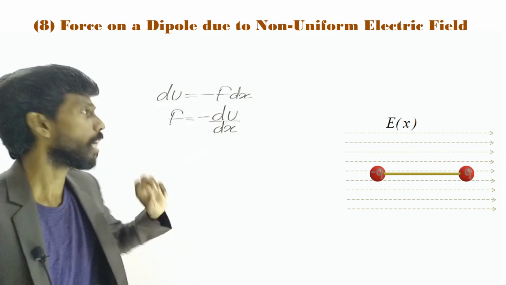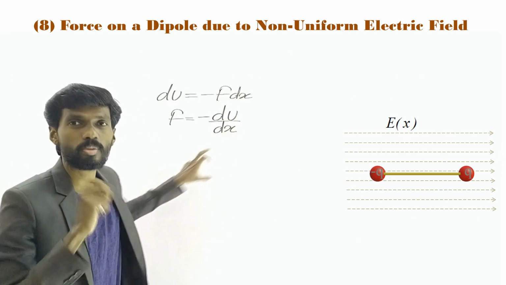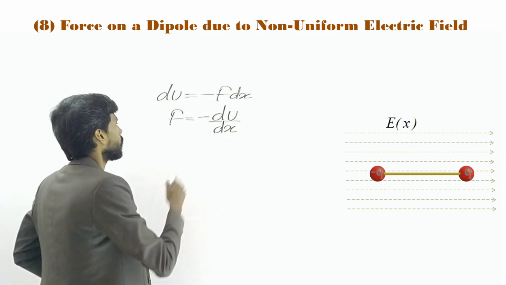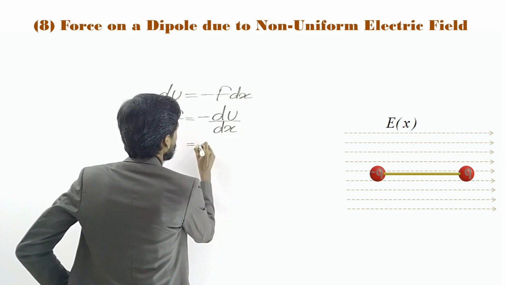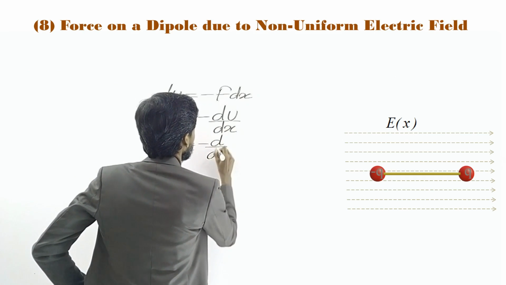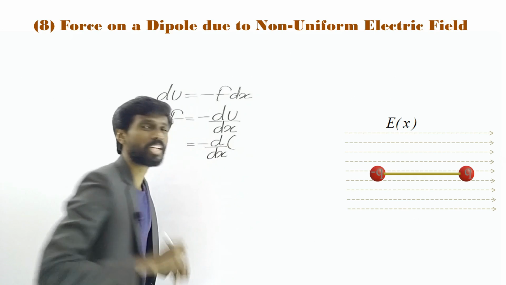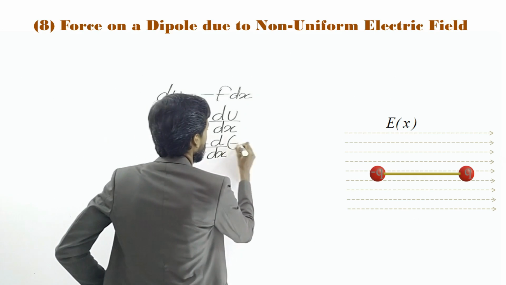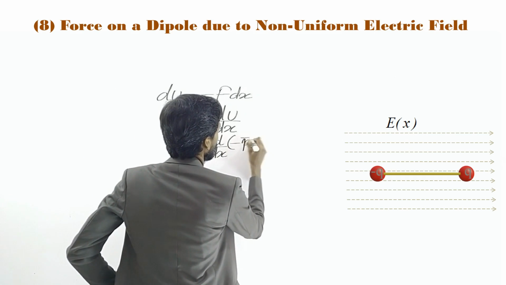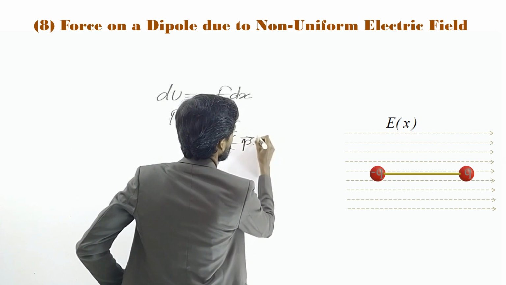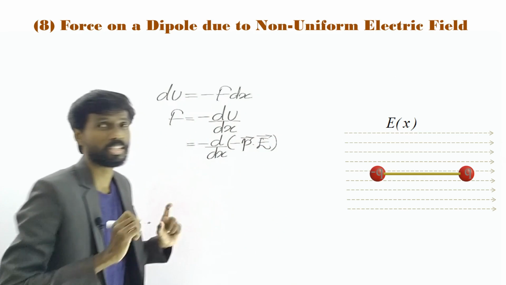Now we have the formula for this U, the potential energy, that we are going to use here. So the force equals minus d by dx of the potential energy, which is minus p dot E. So this is the formula for the potential energy.